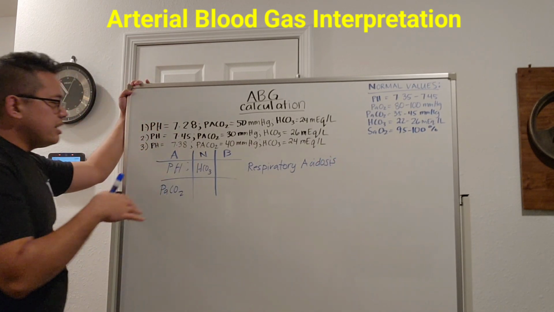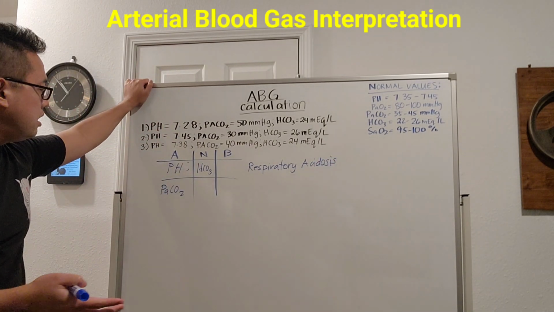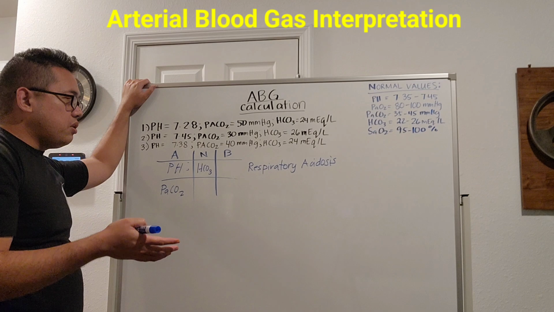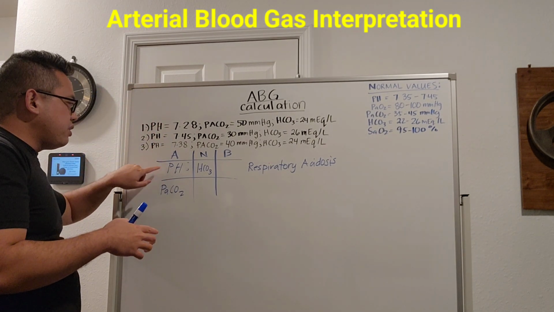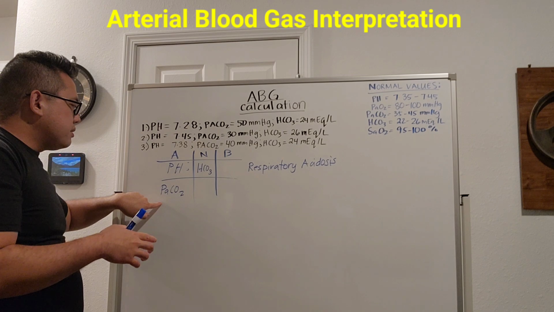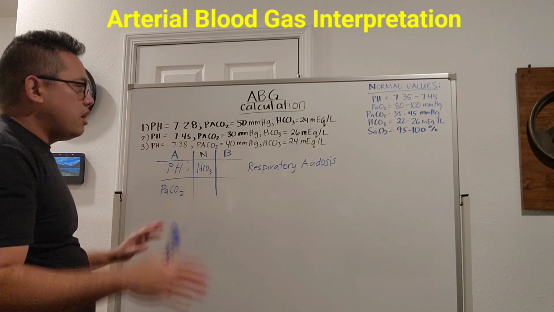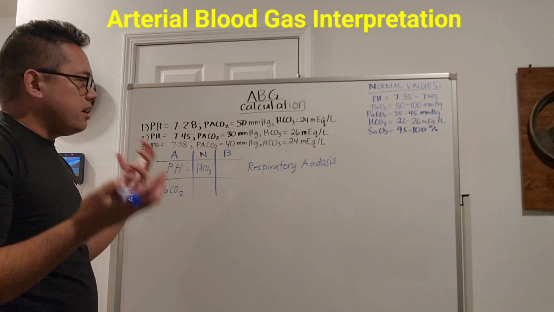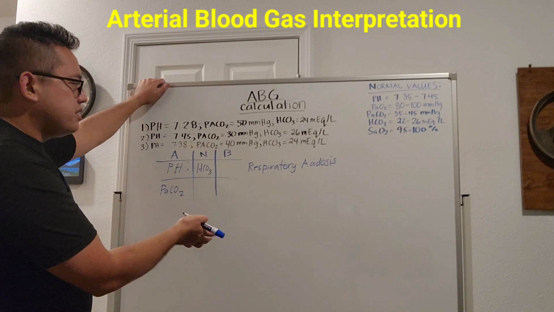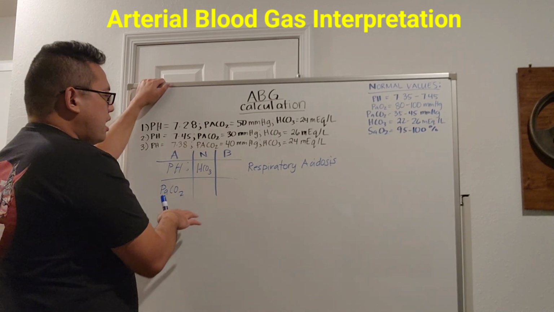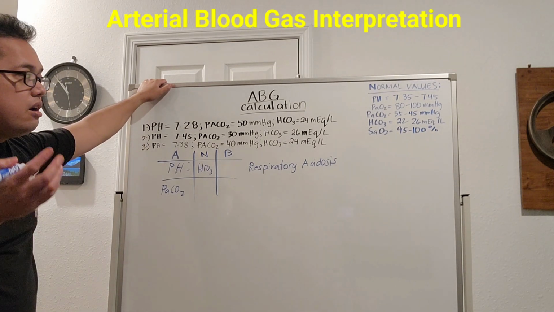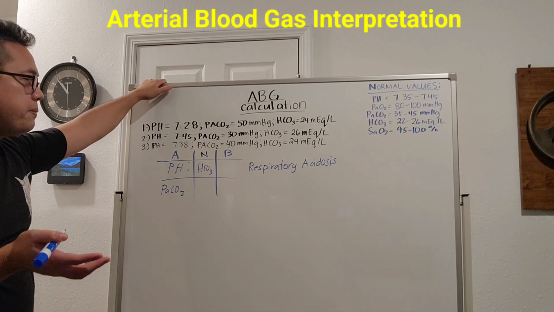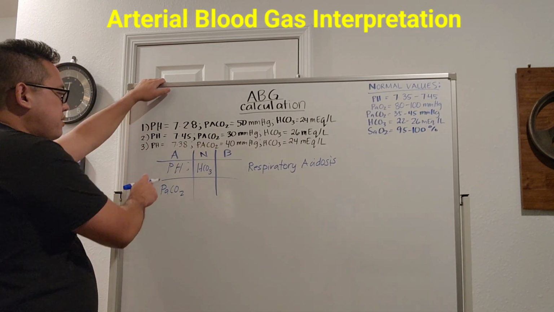Because the pH is acidic and the PaCO2 is also acidic. They're inversely related, because as the pH goes down, the PaCO2 goes up, and it's respiratory because it affects the respiratory system. The thing that we know if it's going to be uncompensated, partially compensated, or fully compensated is the pH value.